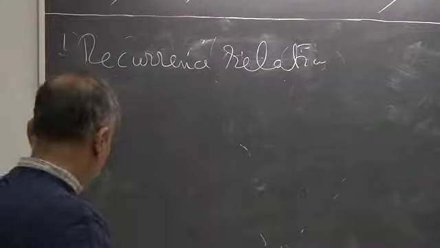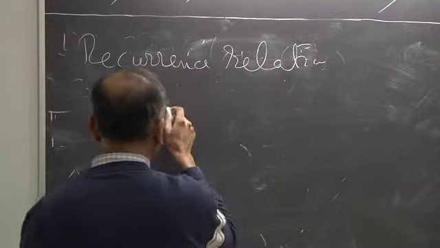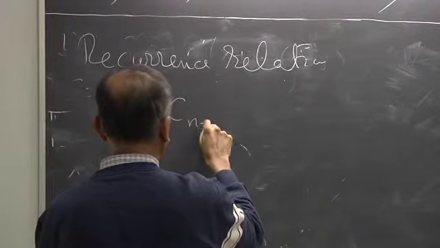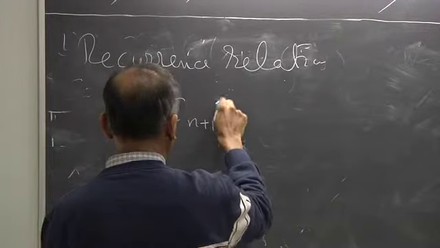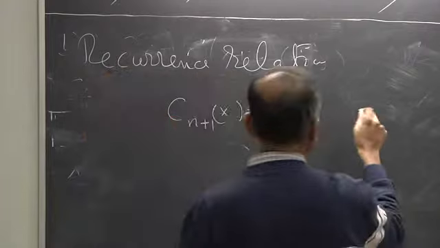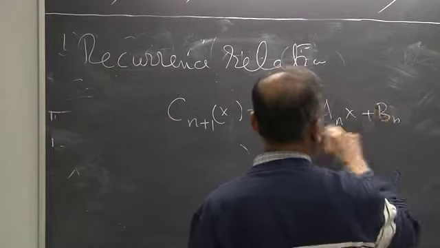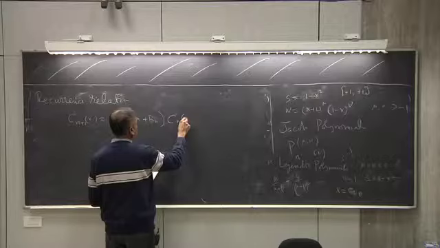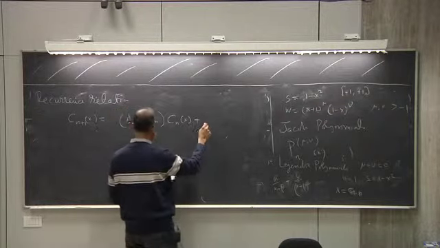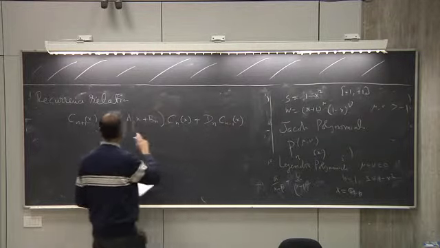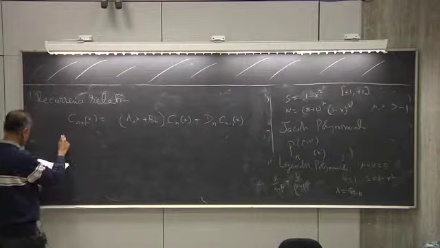So in particular, the claim is that there will always be a relation of the following type: Cn plus 1 of x is equal to (An x plus Bn) times Cn of x plus Dn times Cn minus 1 of x, where An, Bn, and Dn are constants.